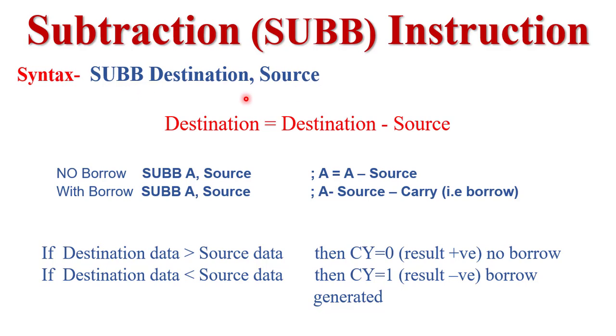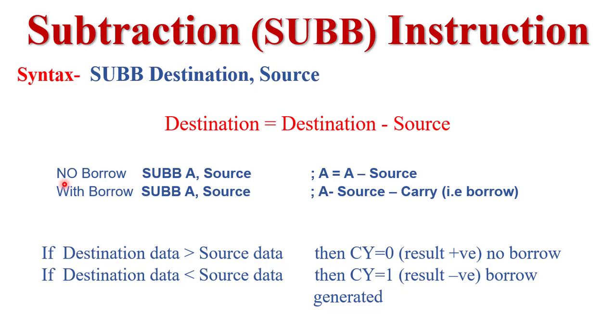This instruction tells that subtract the source from the destination and the result is stored in the destination. As we know, in case of addition and subtraction, the destination is always the accumulator register. So here by default the destination is the accumulator register.